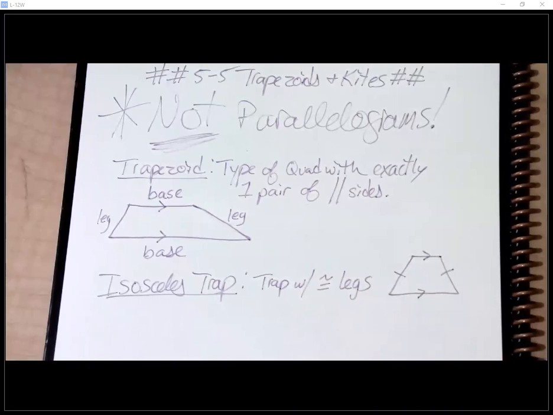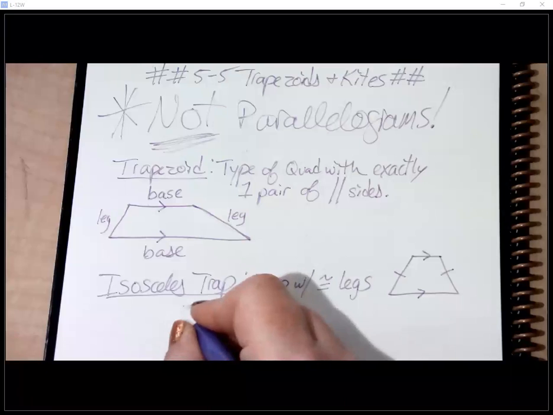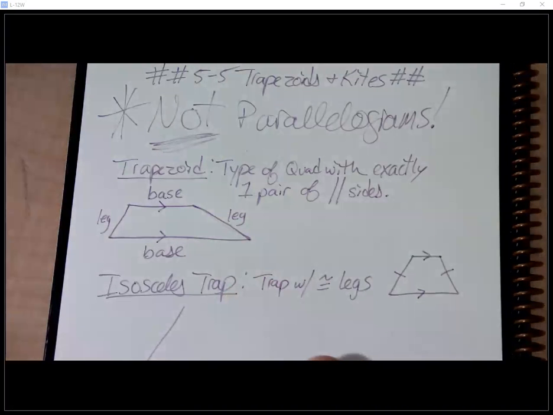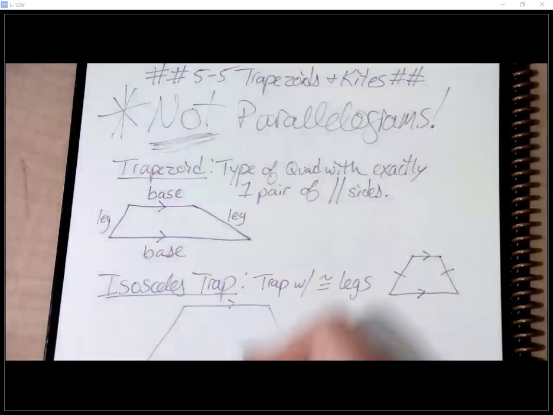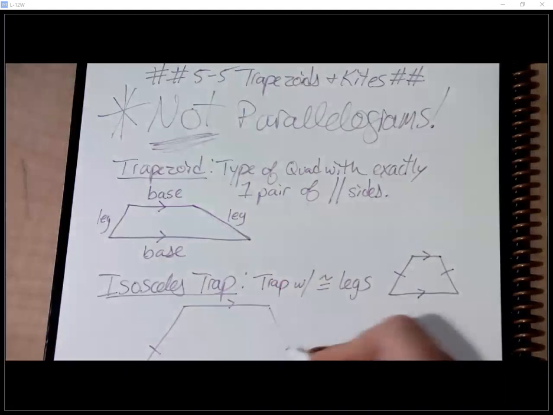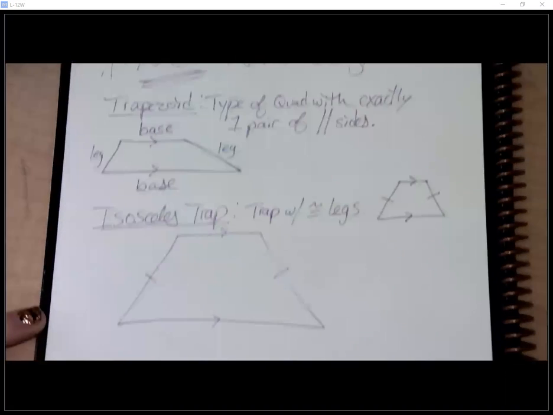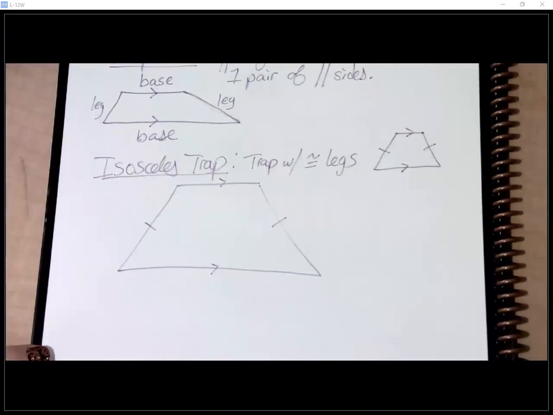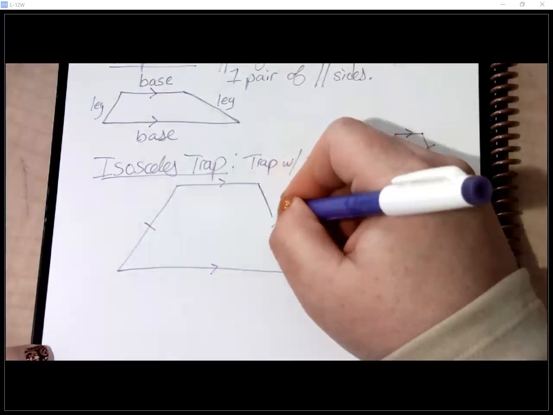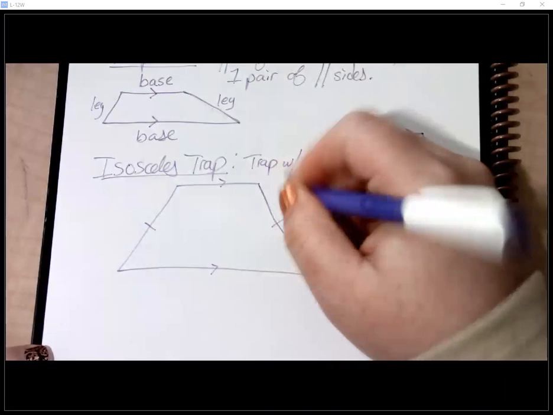Just like in an isosceles triangle, you're going to have congruent base angles in the isosceles trapezoid. So check this out. I'll draw a bigger one so you can look at it. 1 pair of parallel sides, and the legs are equal. In an isosceles trapezoid, not only are the legs congruent, but they will also have congruent base angles.